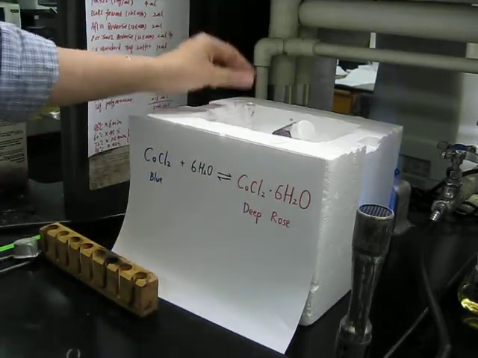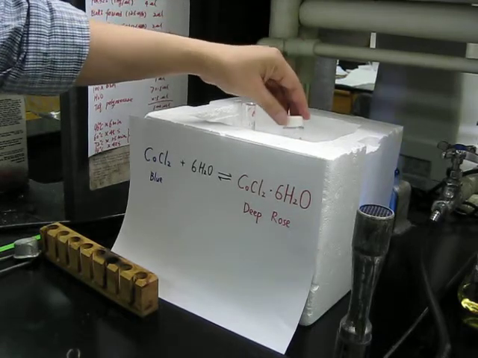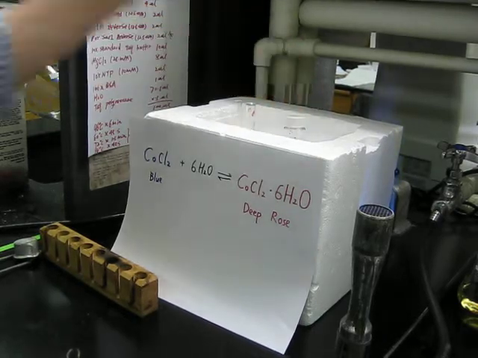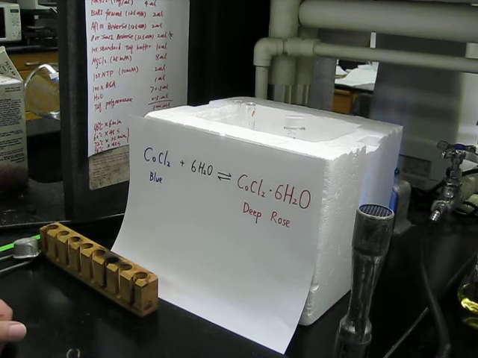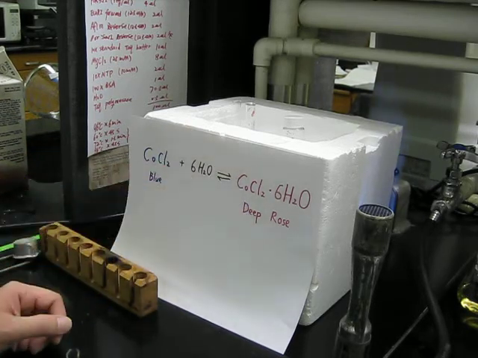Okay. And then if we look at this one, if we wait long enough, put in the ice, you will see after some time, you will get back to the deep rose, which is cobalt chloride 6 water hydrate.